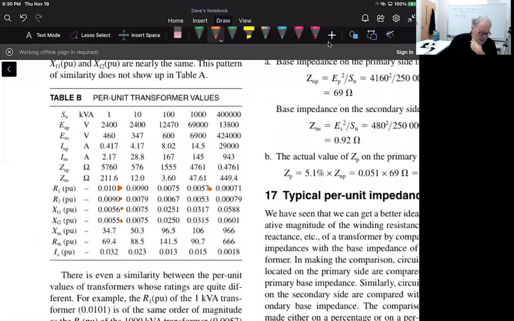So the per unit values give us that look to see how consistent these things are.